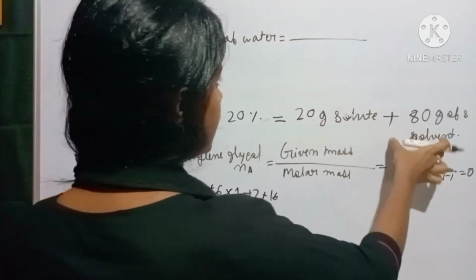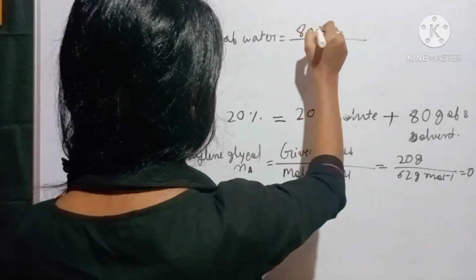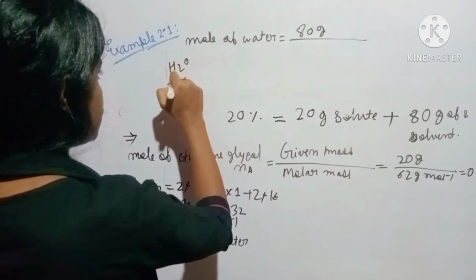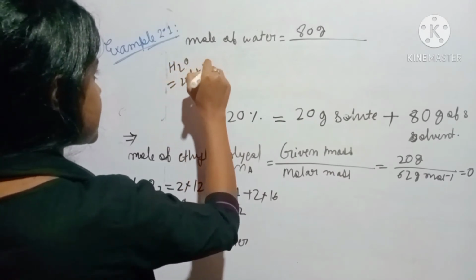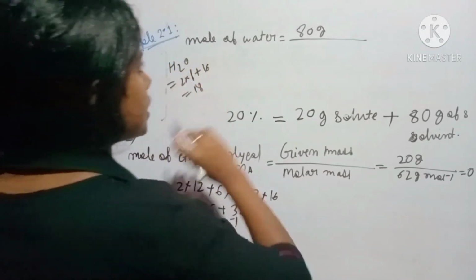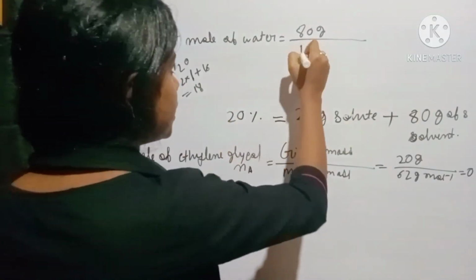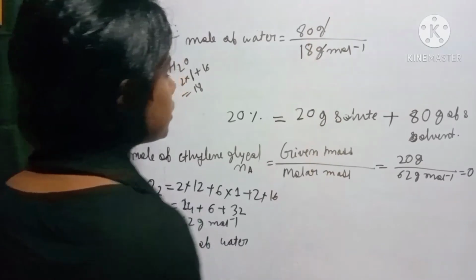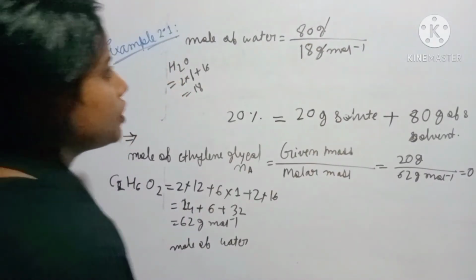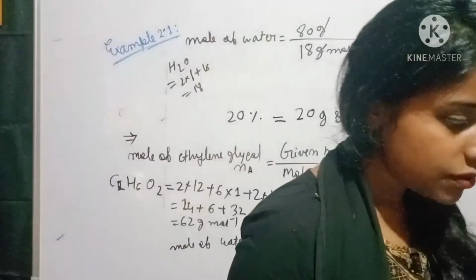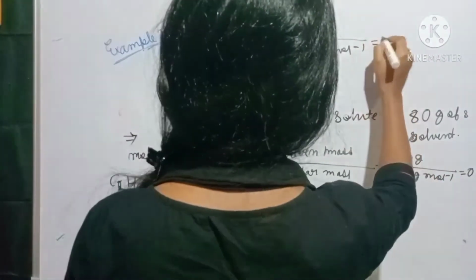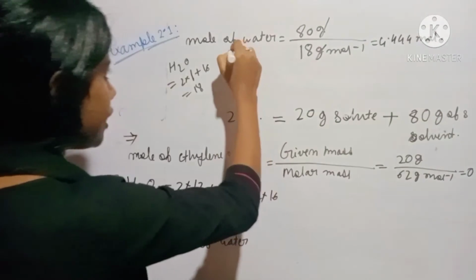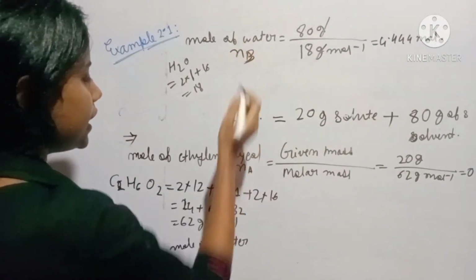The given mass is 80 gram, and we know the molar mass of water, H2O, is 2 into 1 plus 16, equal to 18 gram per mole. The unit of molar mass is gram per mole. And if we calculate it, we get the value 4.444 mole. Okay, so we have nB, we have nA.